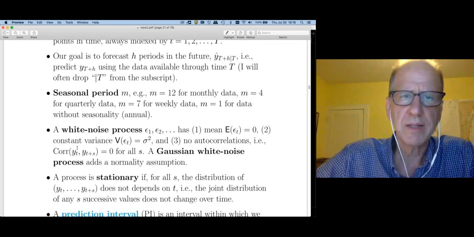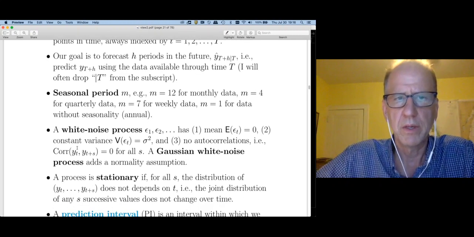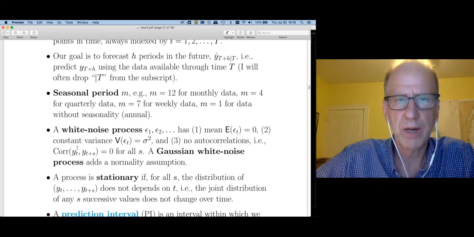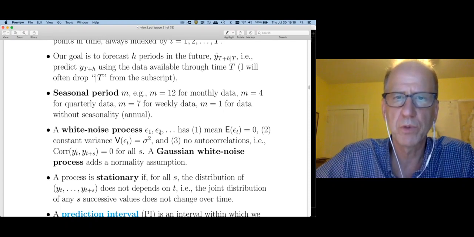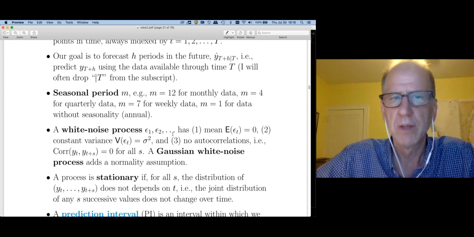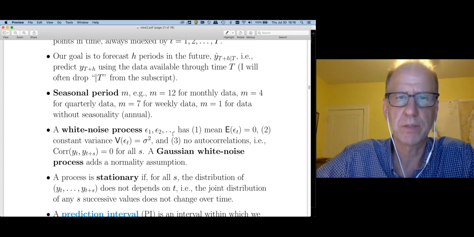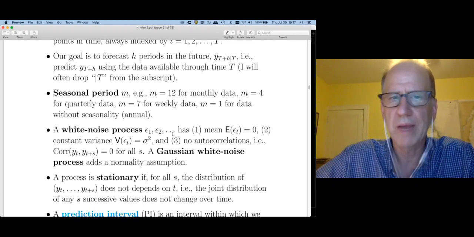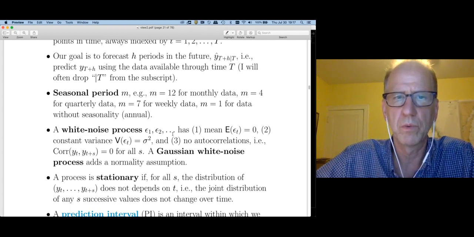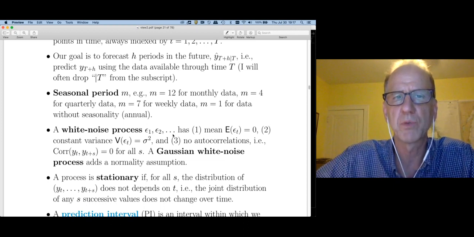The next concept that I want to introduce is called a white noise process. And I'm going to be using the symbols epsilon 1 through epsilon whatever to indicate this white noise process. Now, white noise processes, think of them as just random. Everything about them is random.